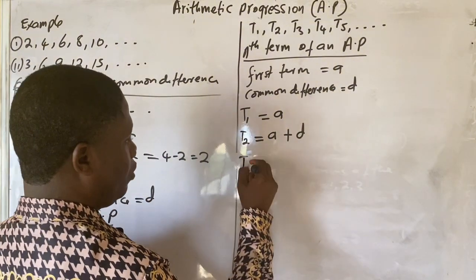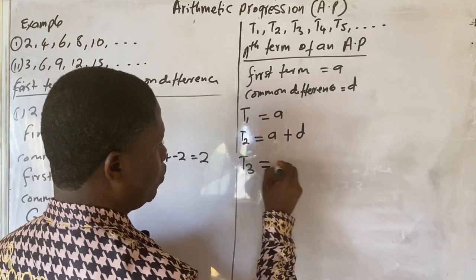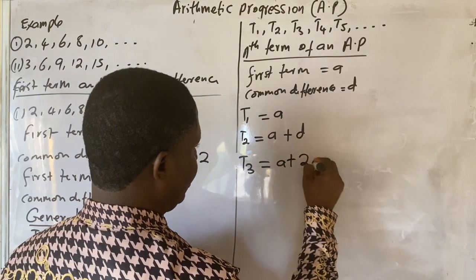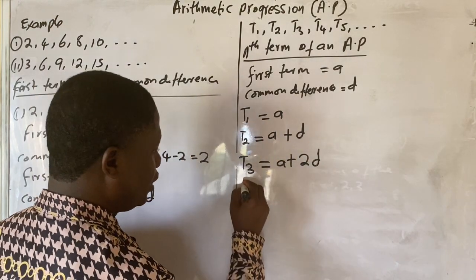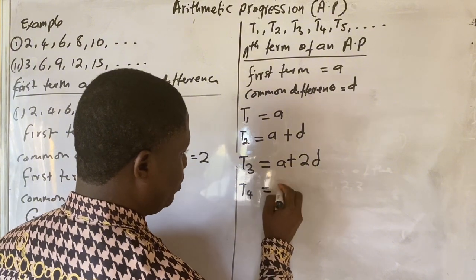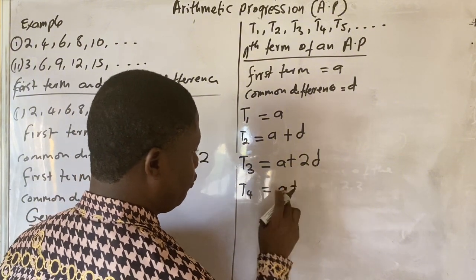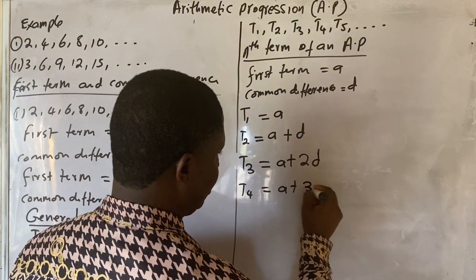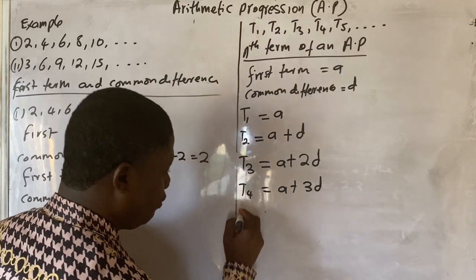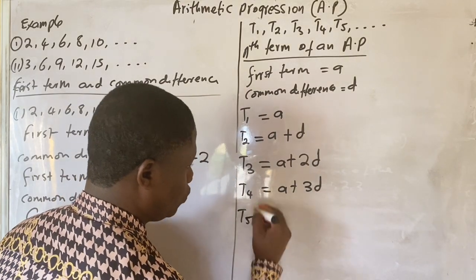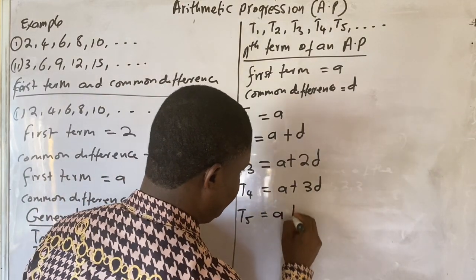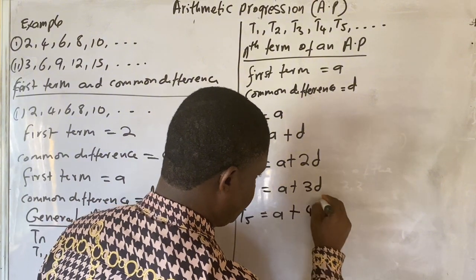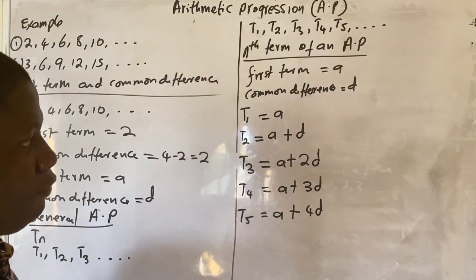And the third term of the AP will be equal to A plus 2 times the common difference. And the fourth term of the AP will be equal to A, the first term, plus 3 times the common difference. And the fifth term will be equal to the first term plus 4 times the common difference.